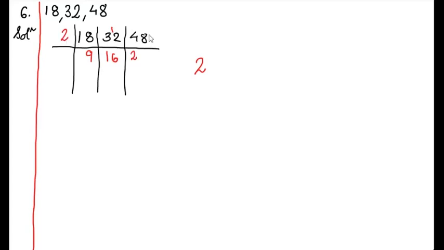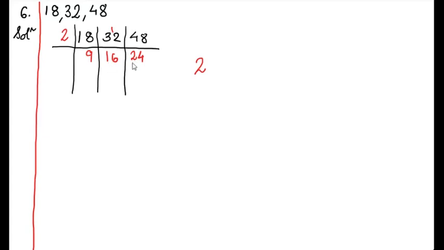Yes or no? So 2 how much are 48? 2 24s are 48. So here we have divided all these numbers which are black in color by 2. So after dividing we have got the numbers. Those numbers are 9, 16, 24.